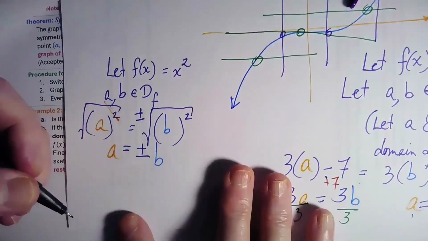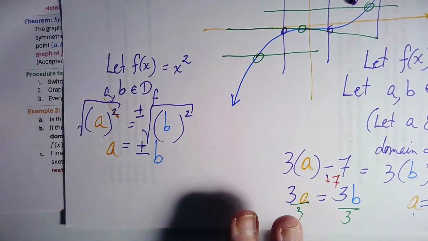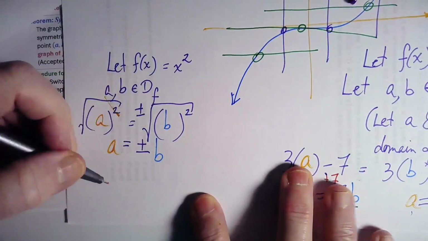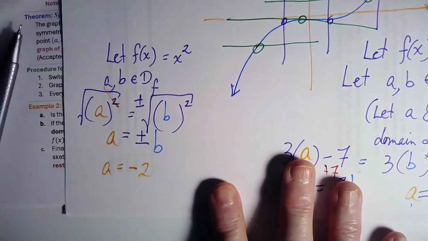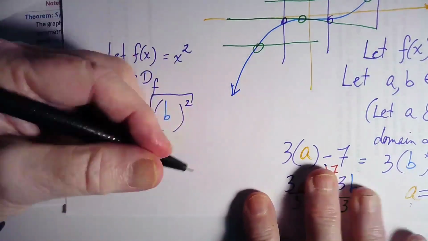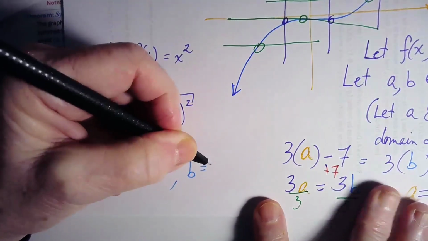For instance, a could be -2 and b could be 2.